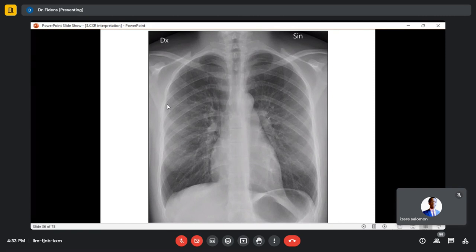The pleura, I mean. The pleura is very important because in this part of the lung you can talk about pleural effusion or not, any pleural thickening or not, because we consider the pleura as the cover of the lungs. That's the second part.